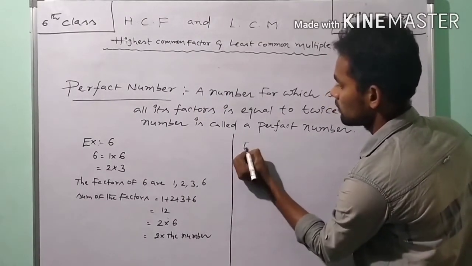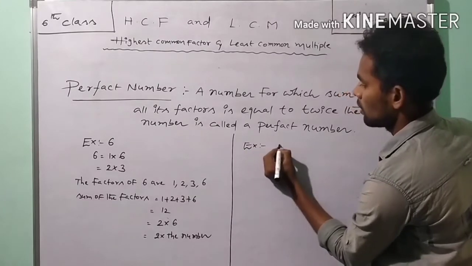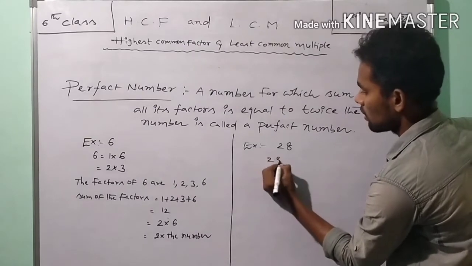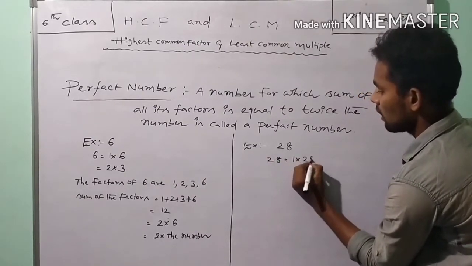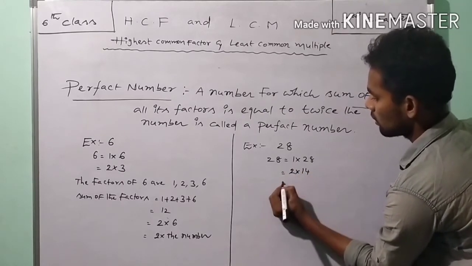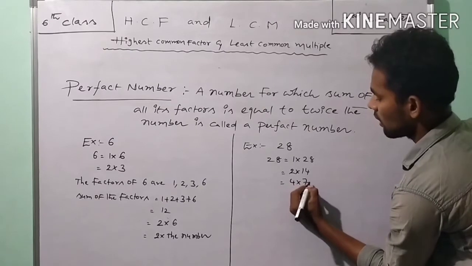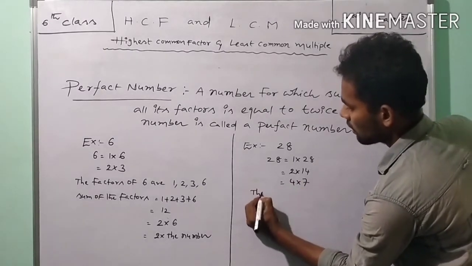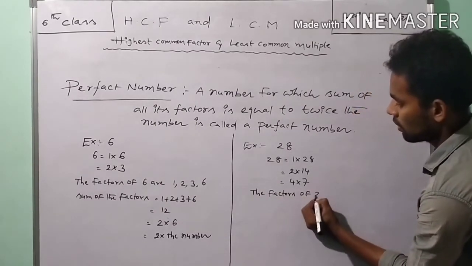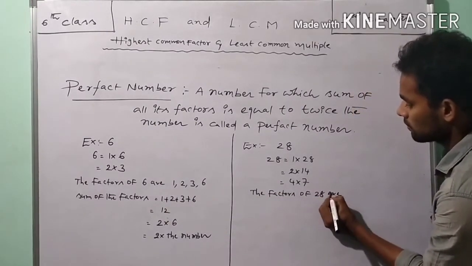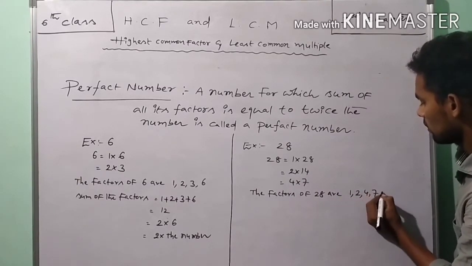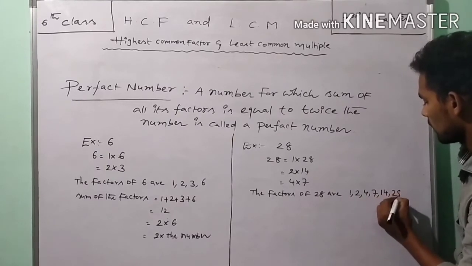Another example, 28. Factors of 28: 1 × 28 = 28, 2 × 14 = 28, 4 × 7 = 28. The factors of 28 are 1, 2, 4, 7, 14, 28.